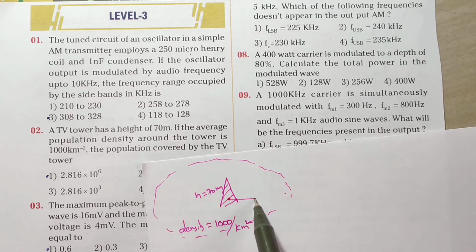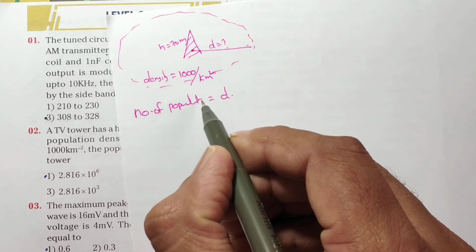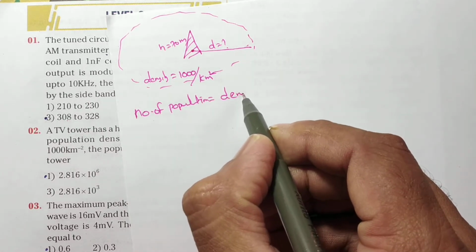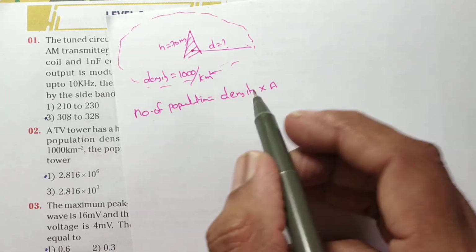First of all, we have to find how much distance range there is for this, and then we can get the population. Number of population is equal to density into the area around the tower.